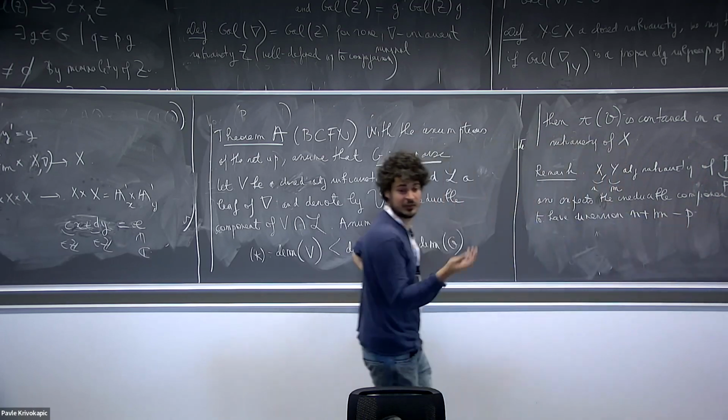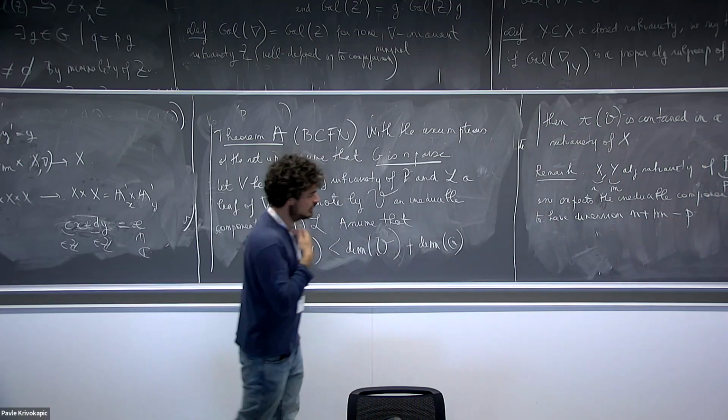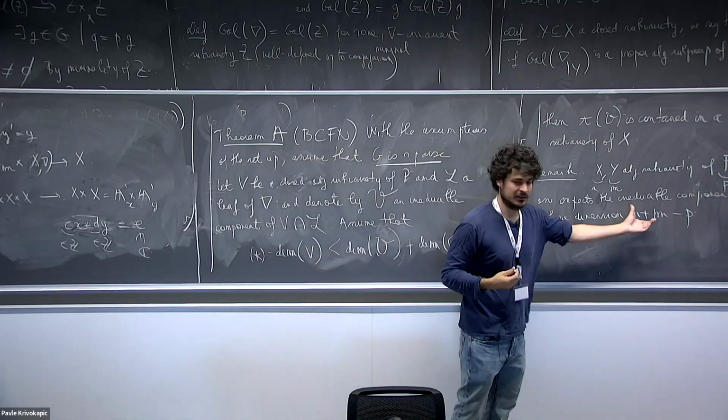If the intersection is transversal and everything is complete, you expect this kind of dimension.